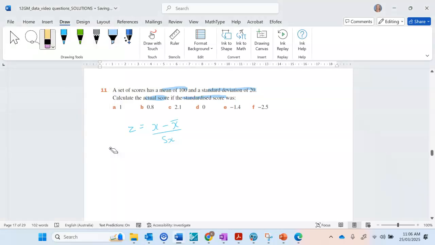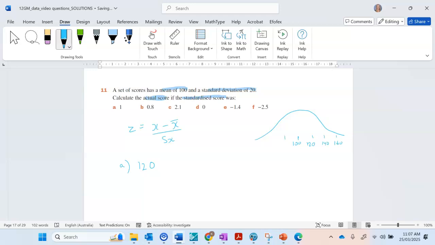So your actual score is 120. And if you think about that in terms of your normal distribution, there's 100, which is our mean. Our standard deviation is 20, so we're going up by 20 each time.